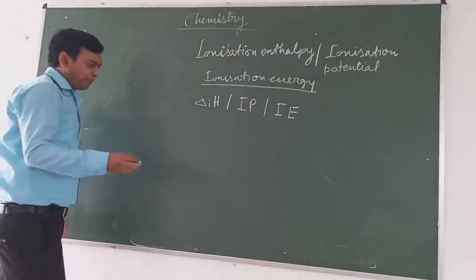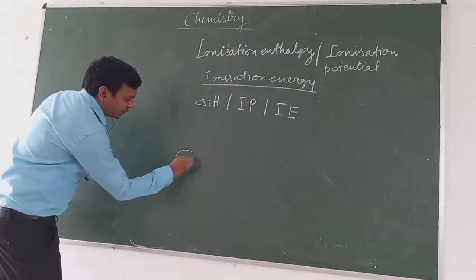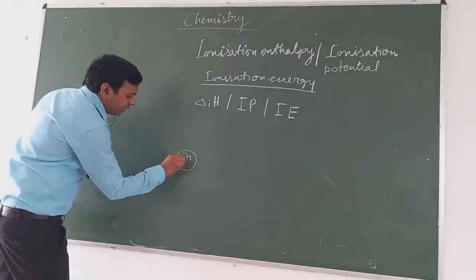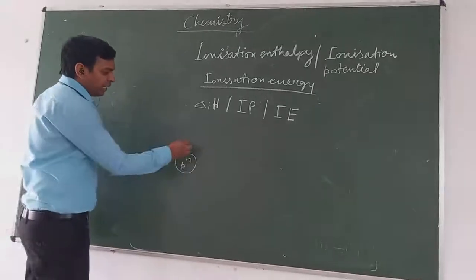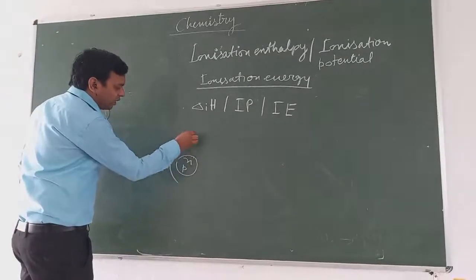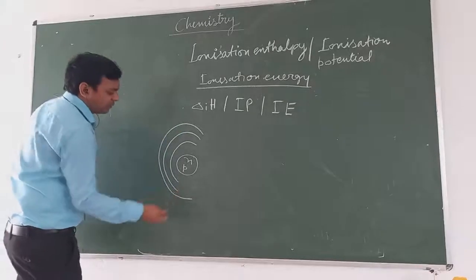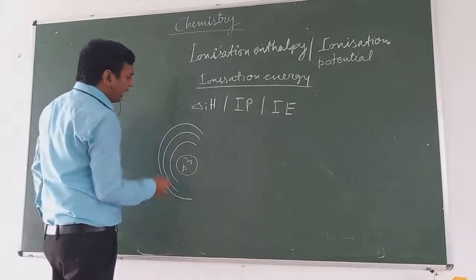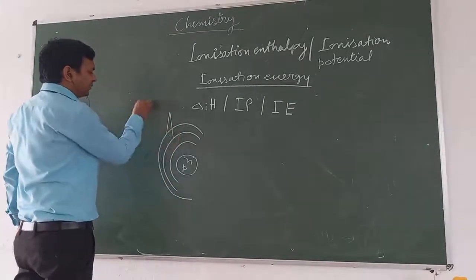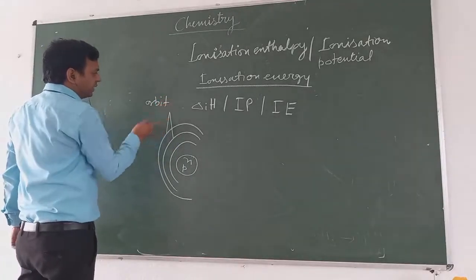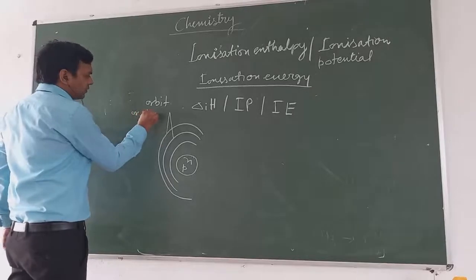Here, do you know everyone? This is the nucleus, and the nucleus contains neutrons and protons and is surrounded by circular paths known as orbits or shells.